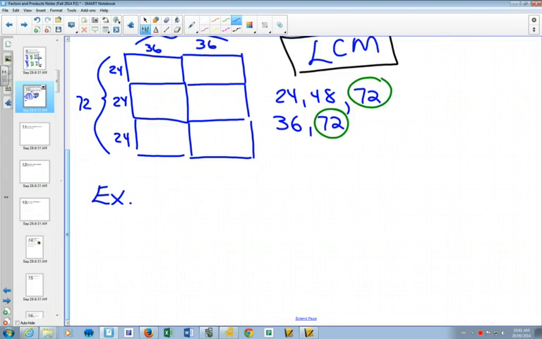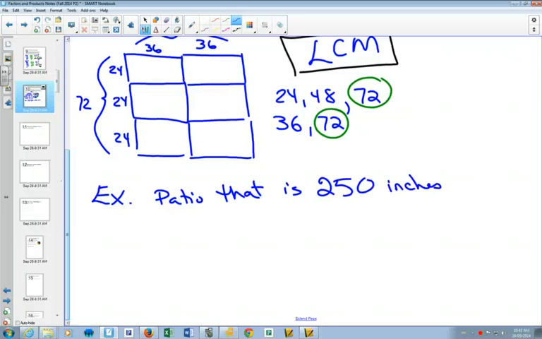So let's say we've got a patio that is 250 inches one way by 75 inches the other way.